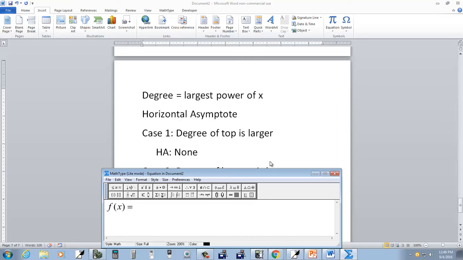Okay, we have f of x is equal to 4x to the third minus 7x plus 1 over 8 minus 5x to the third. Horizontal asymptote will be y equals 4 over -5.